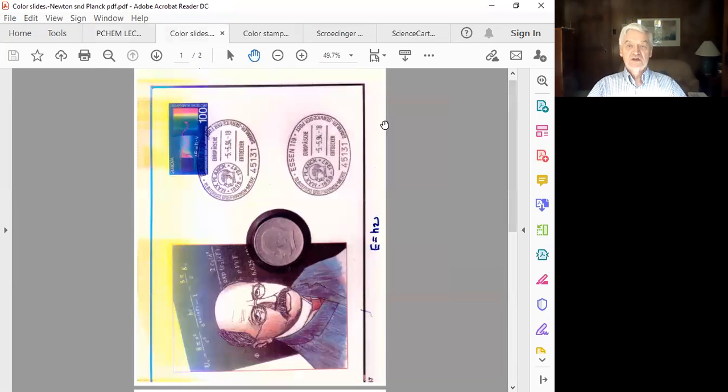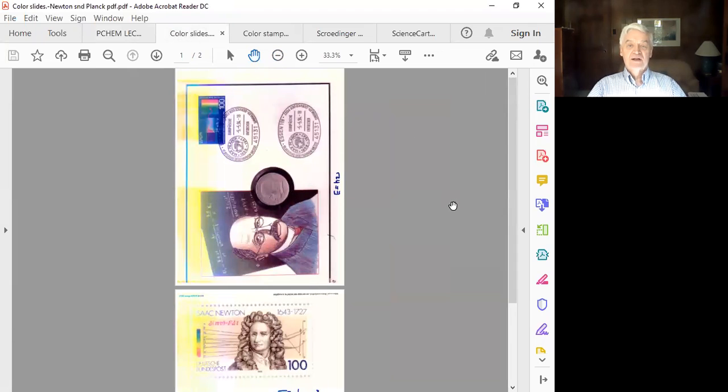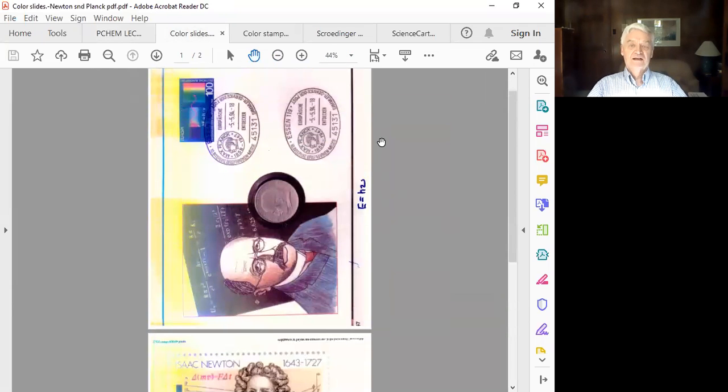I also wanted to show you another picture of Max Planck. And I apologize for this being sideways, but the PDF shower displayer that I'm using right now doesn't have a simple way to flip these.